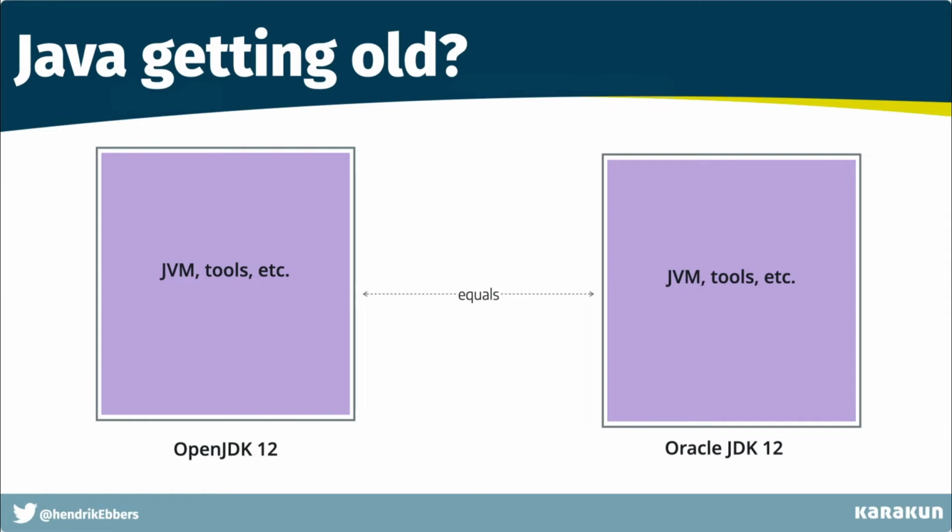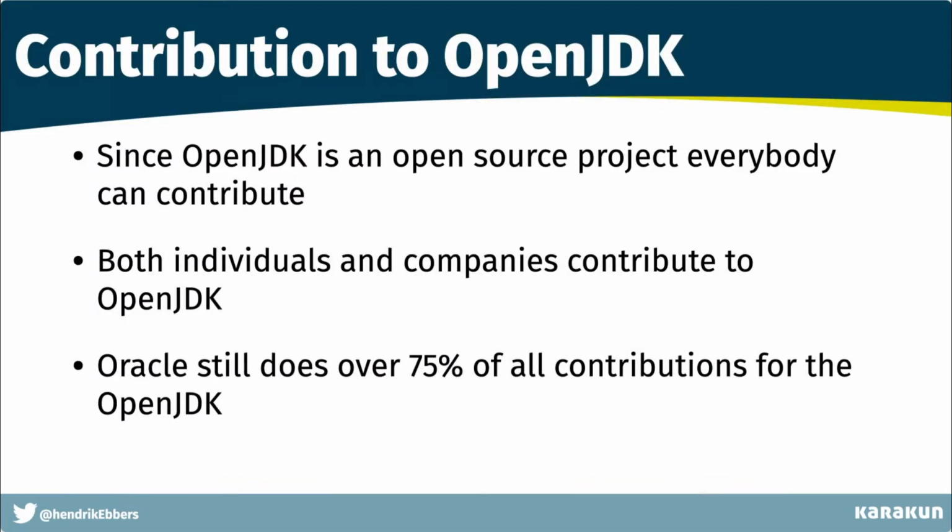But on the other hand, you are more flexible. And based on this, a lot of people started to contribute to the OpenJDK. Not only companies or large companies, even individuals contributed to the OpenJDK.